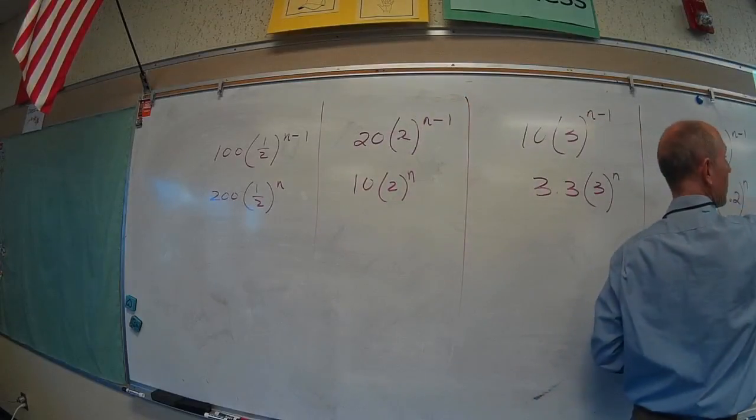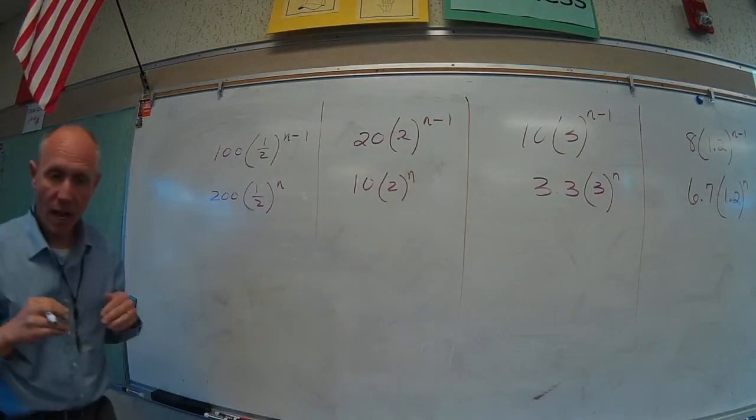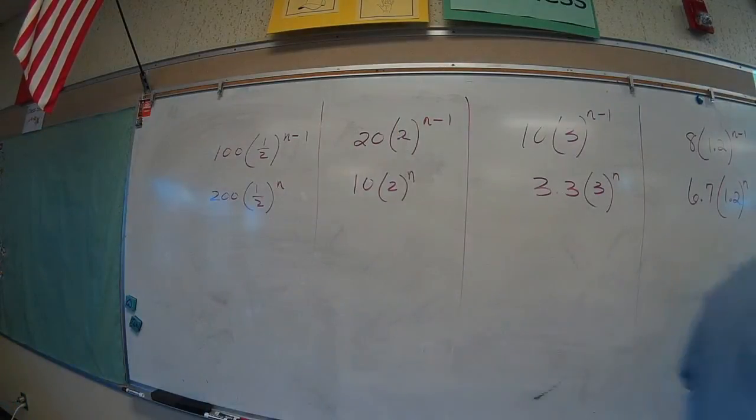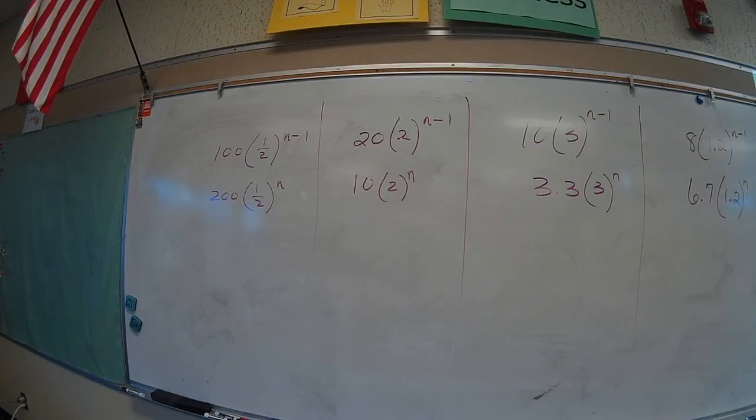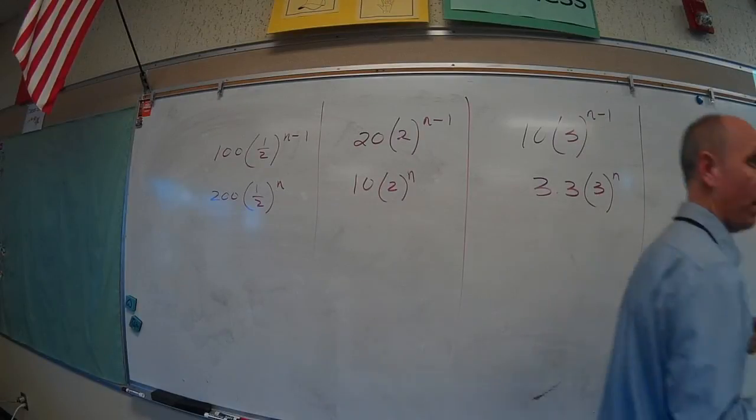If I multiply by 2, I multiply by 2. So if I want to go backwards, what should I do? Divide by 2, divide by 2, divide by 2. If I look at this one, what am I doing? Multiply by a half, multiply by a half, multiply by a half. How do I go backwards? Divide by a half, divide by a half, divide by a half.